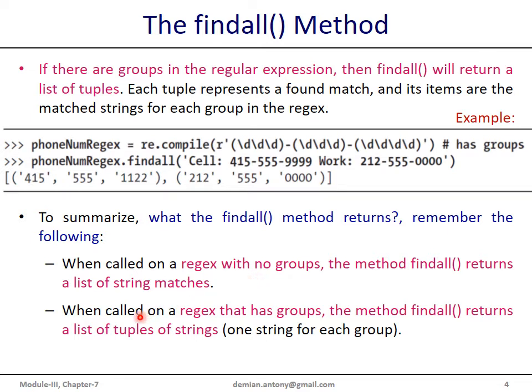And when the FindAll method is called on a regular expression having groups, then FindAll will return a list of tuples where each tuple represents the matched groups within the matched regular expression.